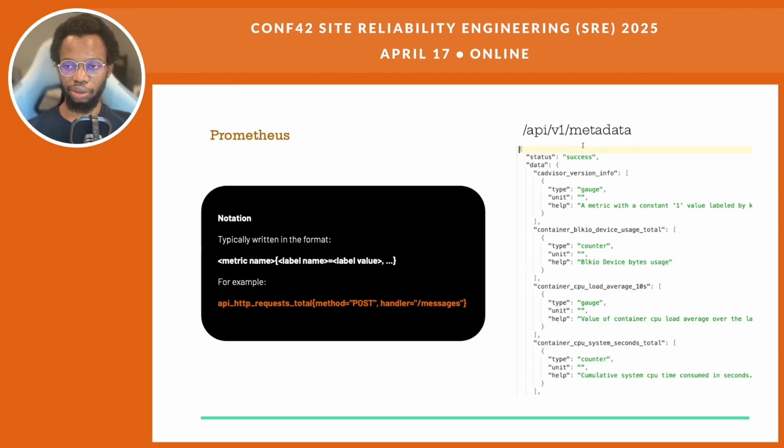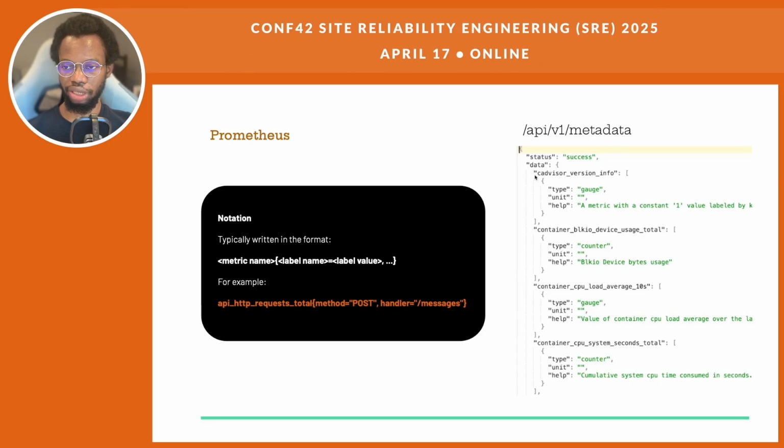What that entails is that it shows you the list of all the metrics that are available inside of your Prometheus instance. In our case, for example, you can see container_fs_usage_bytes, CPU load average, CPU system cycles. These are examples of metrics that have been scraped by Prometheus and are available in the Prometheus instance. That means you can write queries or ask questions regarding these metrics.